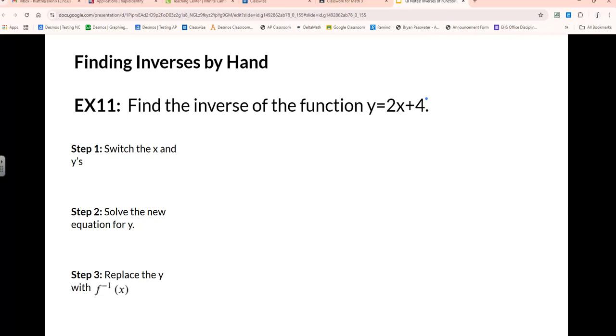So it works the same algebraically. So what you're going to do is take the x and the y in your equation and switch them. So all you're going to do is turn all of your y's to x's and all of your x's to y's. So the y right here becomes an x, and I'll have 2, and then that x becomes a y plus 4.